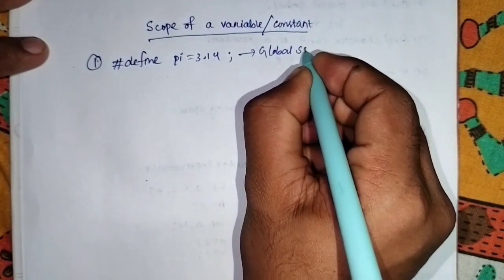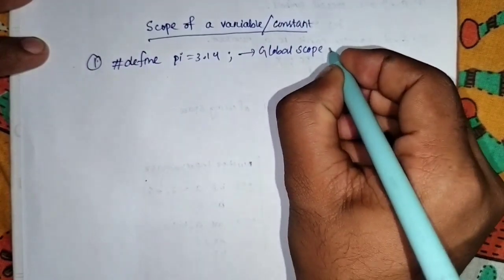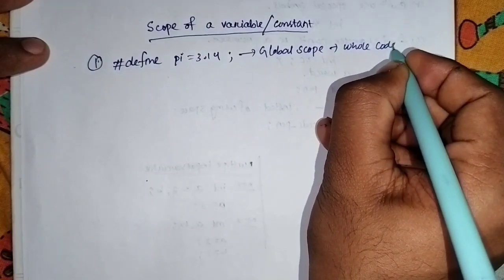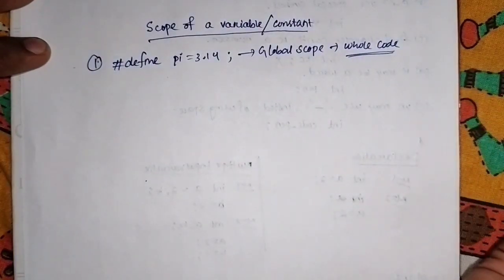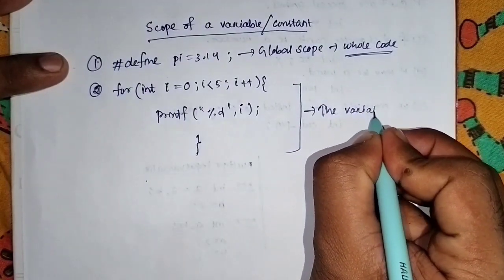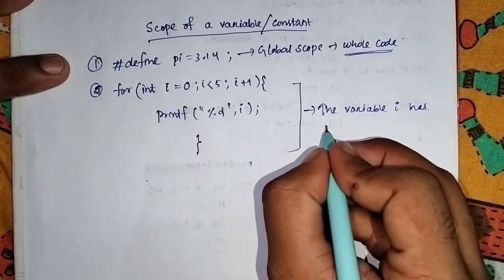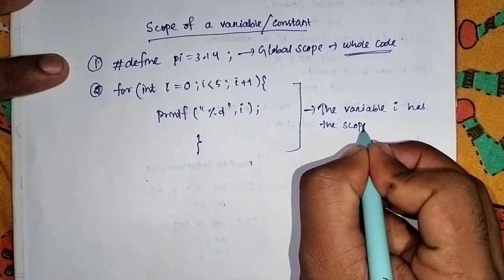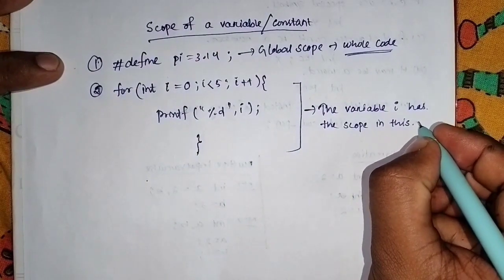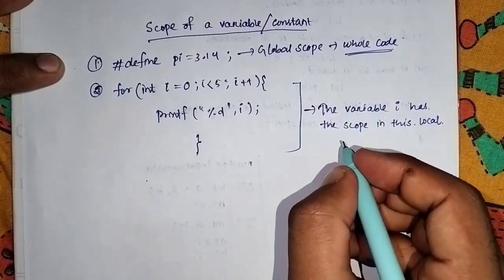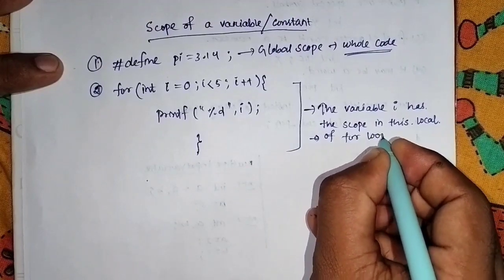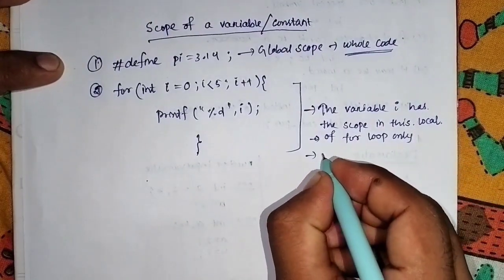So in the global declaration section we have to define it. Then comes a local variable, which has a local scope. Let's take for int i = 0. Here i is a local variable, so the variable i has scope in the local for loop only, so it is called having a local scope.